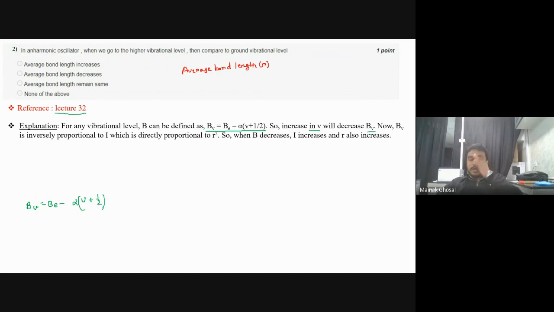This will be the fate of B with change in V. So when you go to a higher vibrational level compared to the ground state, what will change? A higher vibrational level means your V increases, right? And from that we have shown that if V increases, then B should decrease.